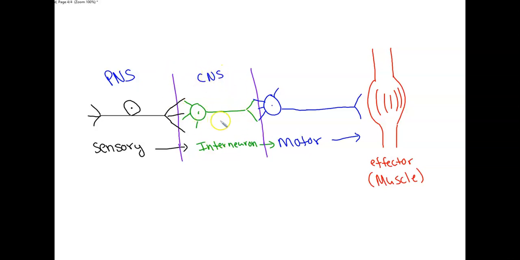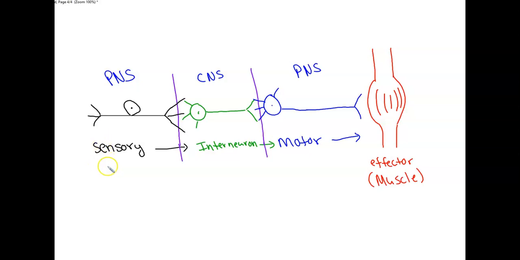Notice that the interneuron stays completely inside the central nervous system at all times. The sensories do enter, the motors do exit, so they do come inside, but the key with the peripheral nervous system is they leave. So sensory comes in, interneuron, motor neuron, then you have your effector. Hopefully you could tell that's maybe a muscle.